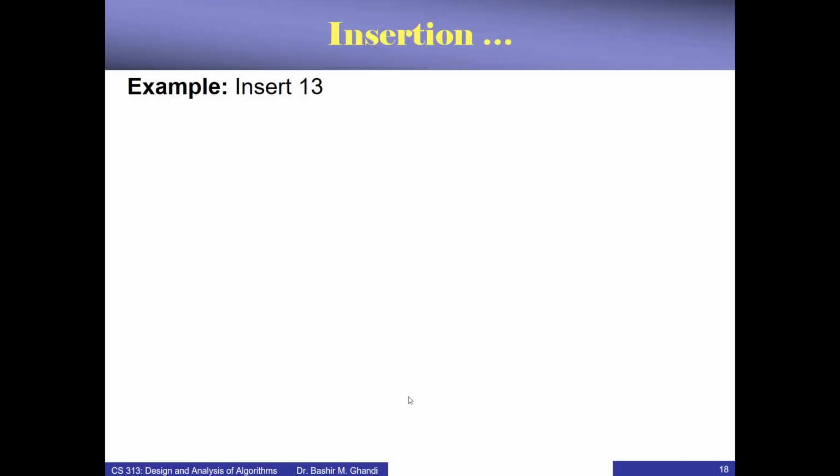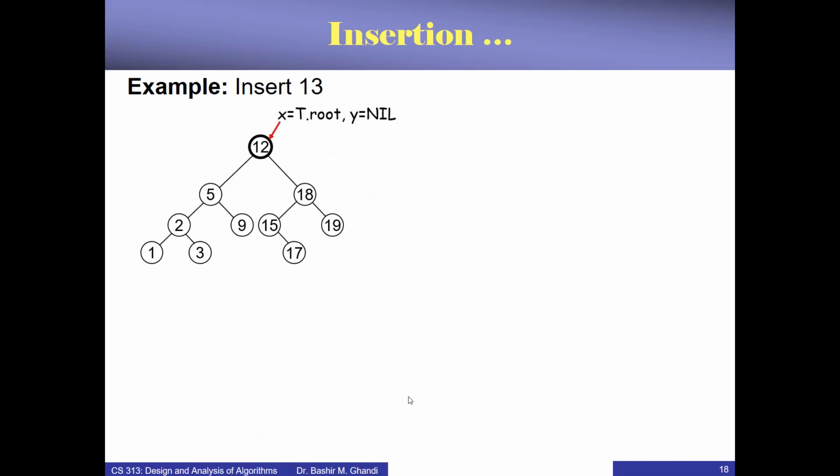Let's take the example here. So this is the initial state. Initially, x is the root and y is nil. Okay, so we're going to compare x.key against 13. Obviously, 13 is greater, so we're going to go to the right.